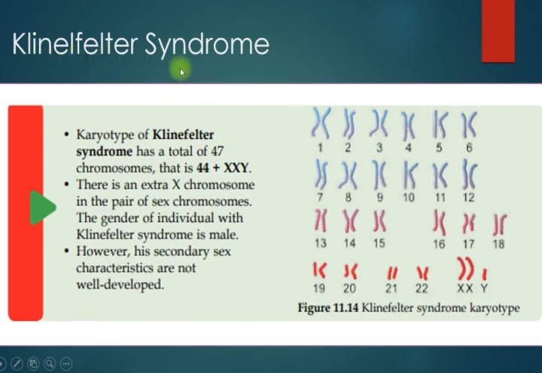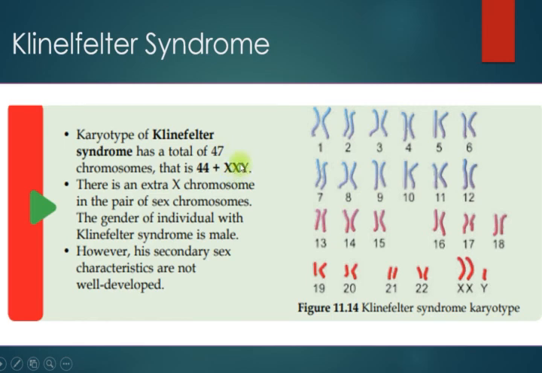Klinefelter syndrome. The character of Klinefelter syndrome is a total of 47 chromosomes, which is 44 plus XXY. What is abnormal here?